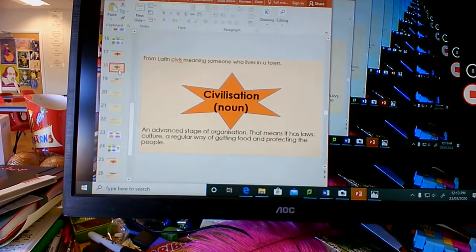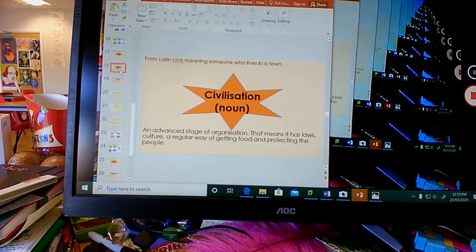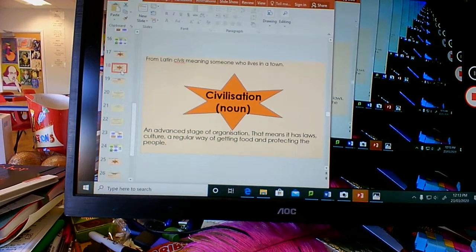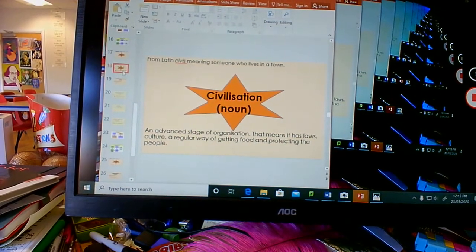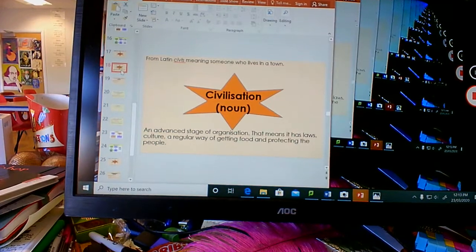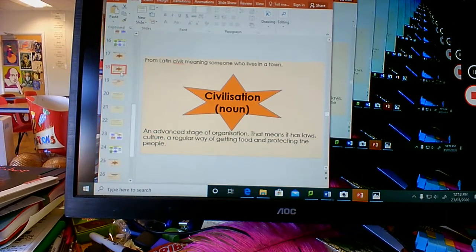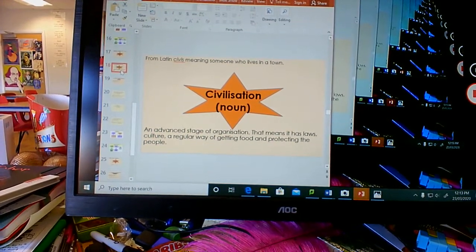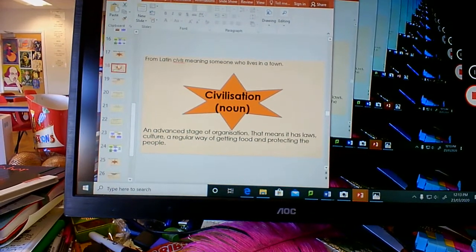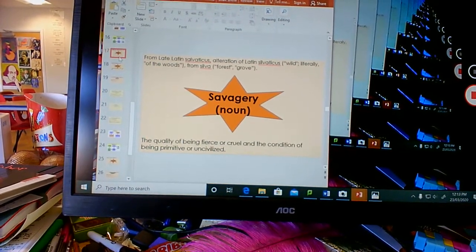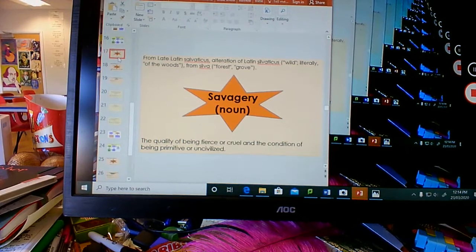So civilization and savagery are very much opposites, particularly how they're presented in Lord of the Flies. We have the civilization as presented by characters like Simon, Ralph and Piggy, and then we have the increasing sense of savagery as presented through Jack and the Hunters.